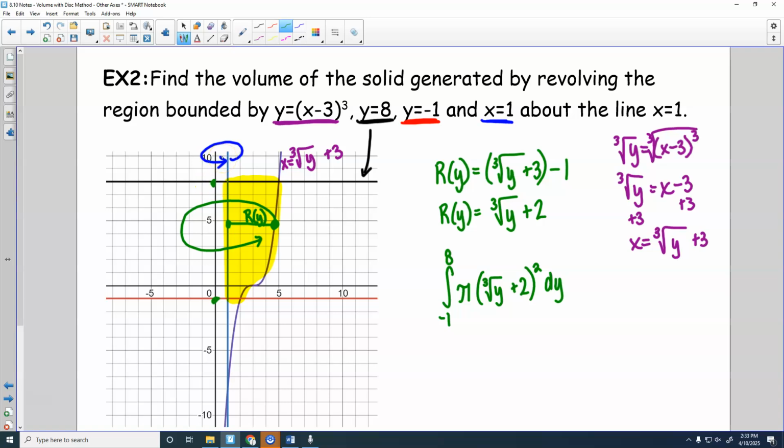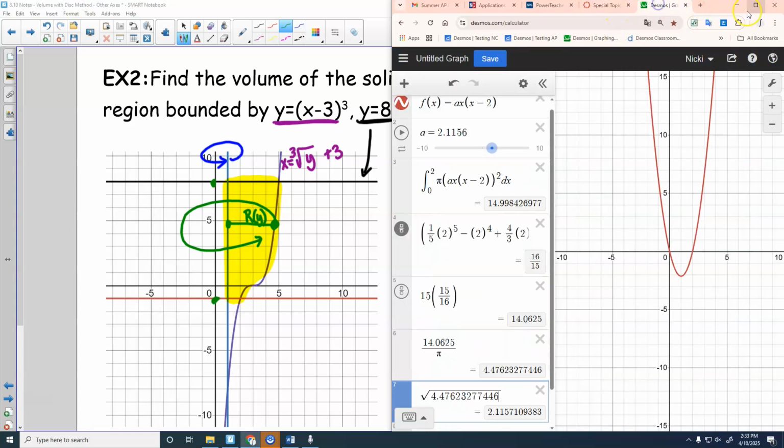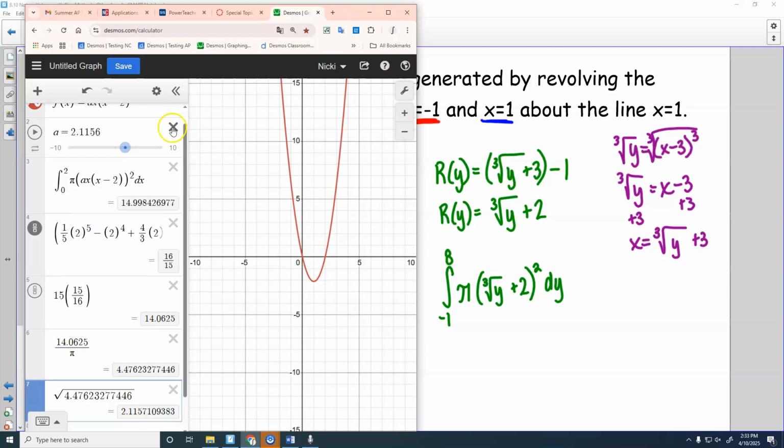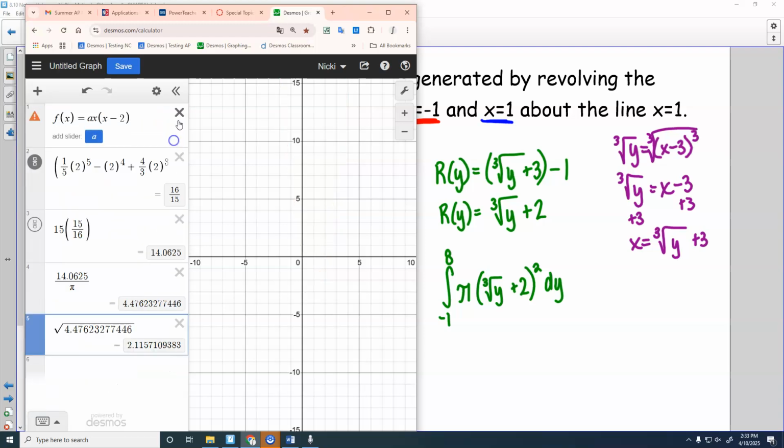And I don't think that they are going to give you that one without a calculator. I think that they'll either only ask for setup if they want it calculator inactive, or they will make it calculator active where you can do it with calculator. So let's use the calculator for it.